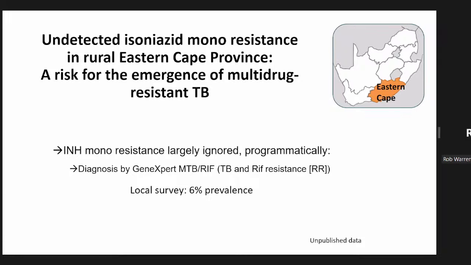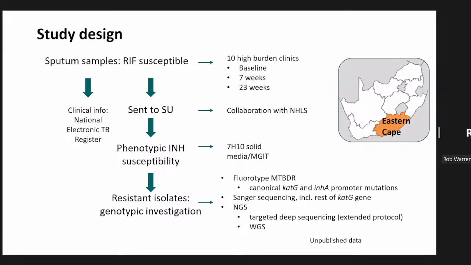The drug resistance surveys show that about 6% of patients have isoniazid monoresistance, meaning that during treatment, they have one less drug. And this is really important during the continuation phase when they're only being treated with two drugs, rifampicin and isoniazid. So in this study, what we tried to do is go to a number of clinics in a rural context of the Eastern Cape, and we wanted to collect all rifampicin susceptible isolates.